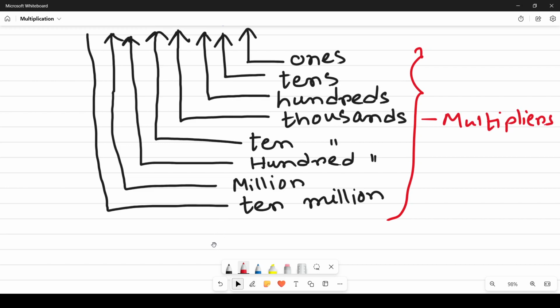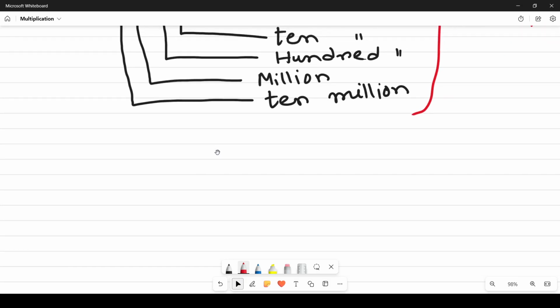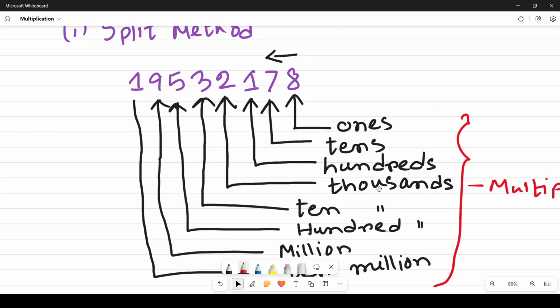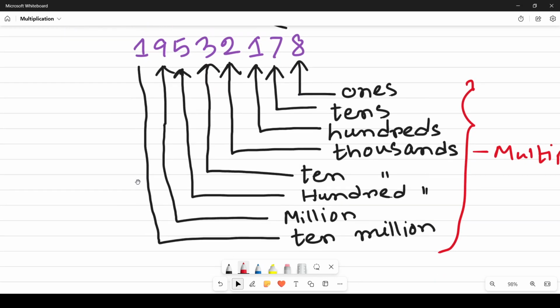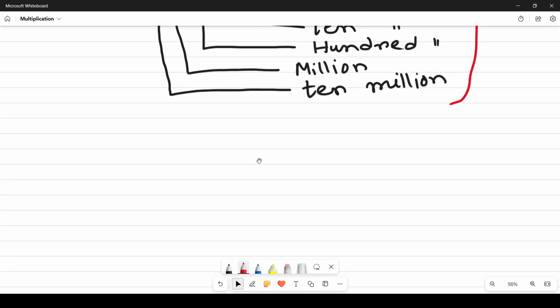So when you are forming a number, you multiply each digit with these multipliers, ones, tens, hundreds, thousands, 10,000, and then you add everything up and you get the whole number. So let's take an example.